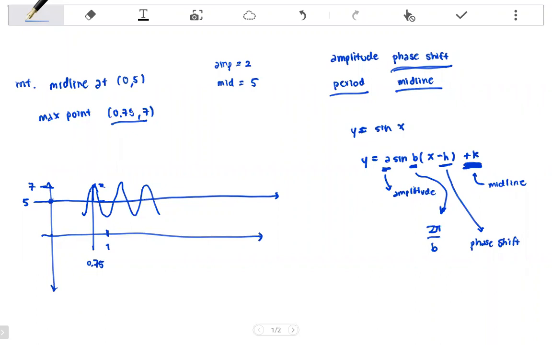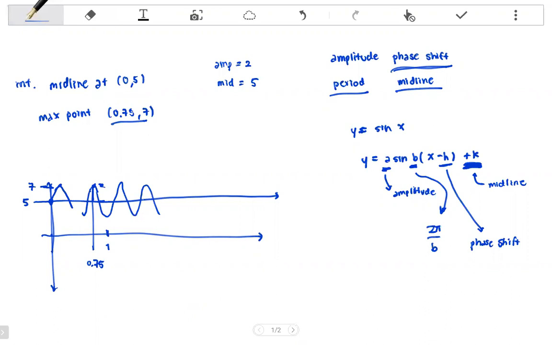So if a graph starts at the origin, and it goes out like that, that means it has to be a sine graph, right? Or it can also be a cos graph with a translated function. But remember, sine graphs always start at the origin. If it starts at the origin, we know that it's going to be a sine graph.